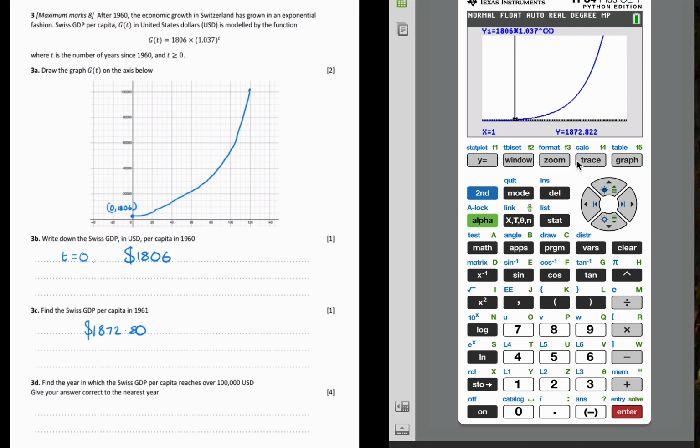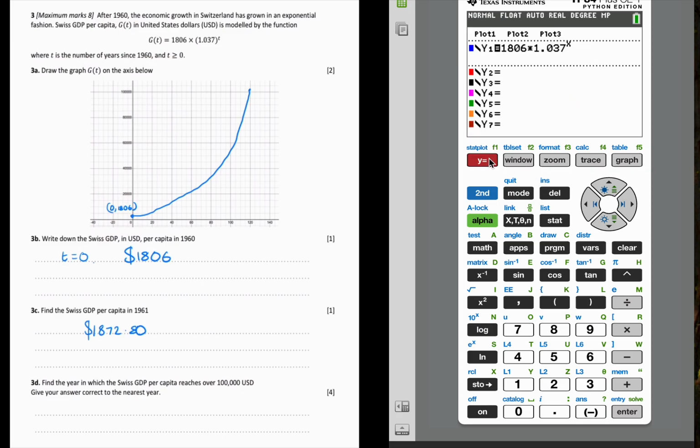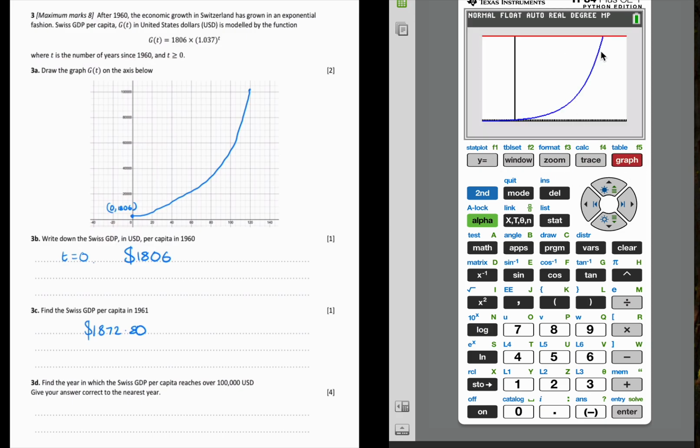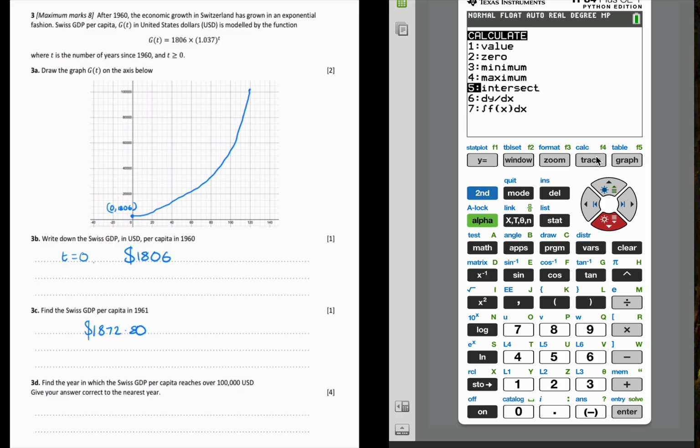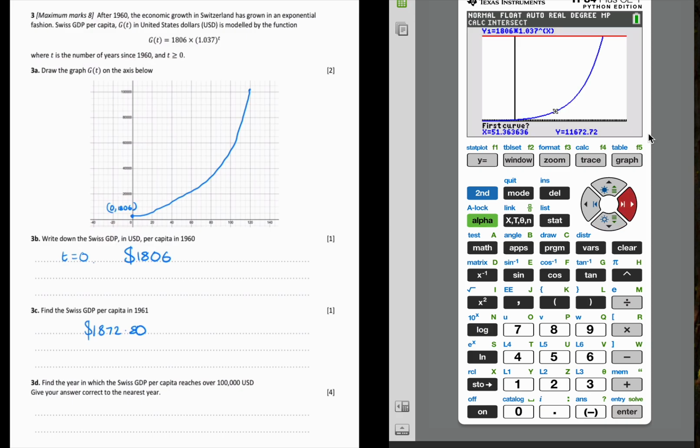And the next part is to find the year in which the GDP per capita reaches over 100,000. So now I can plot on my graph 100,000. And we're going to find this intersection. So second function trace, we go down to the intersection. Let's go a little bit closer to where we want to find it.